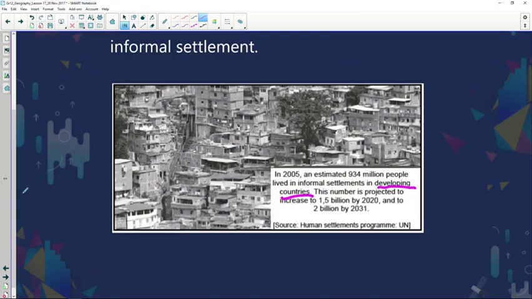But let's go and have a look at the questions that follow. Please pay attention. If you look at these informal settlements, they do look different from one country to another. But one thing that they all have in common, they lack basic needs and services, and they lack infrastructure. That's a key component of informal settlements.